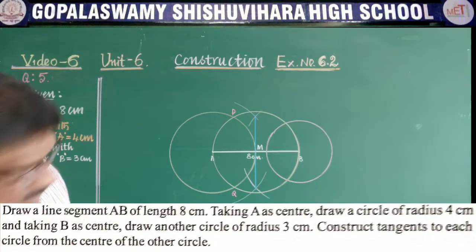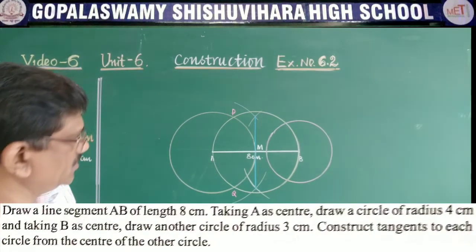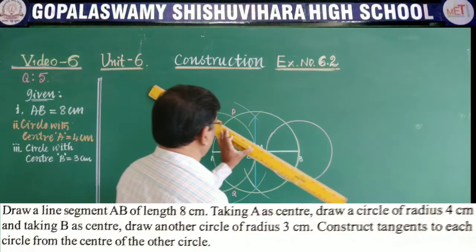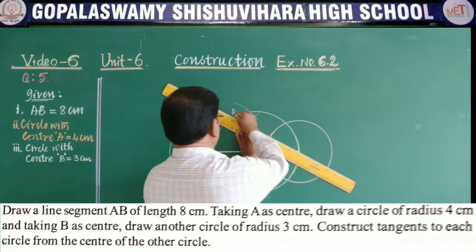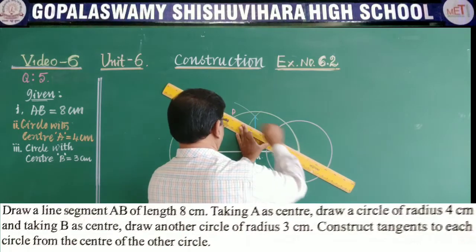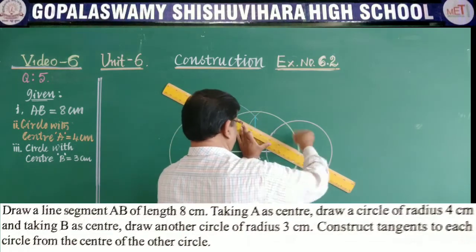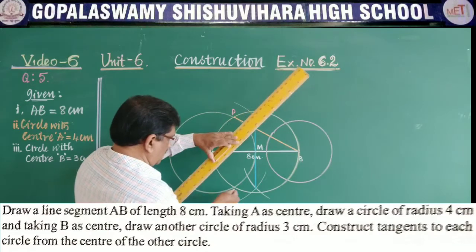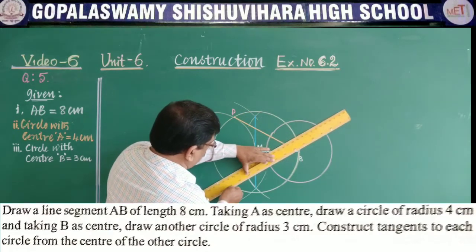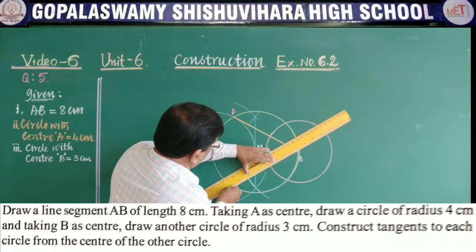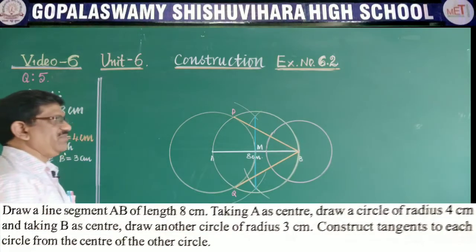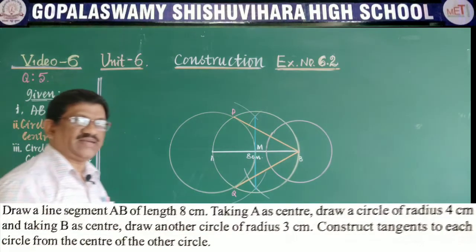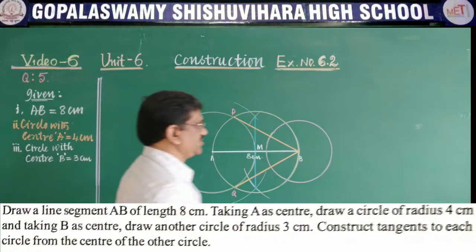From the point B, join PB and QB. Here, PB and QB are the required tangents. Which are those?